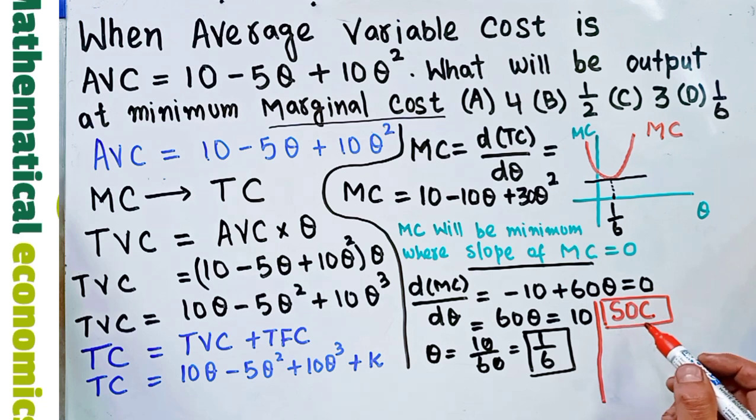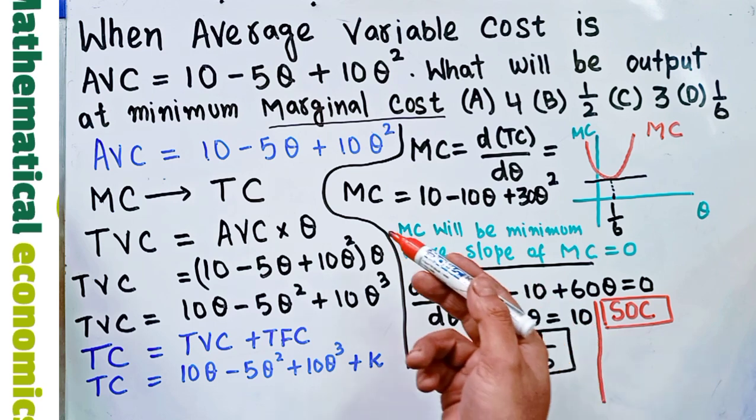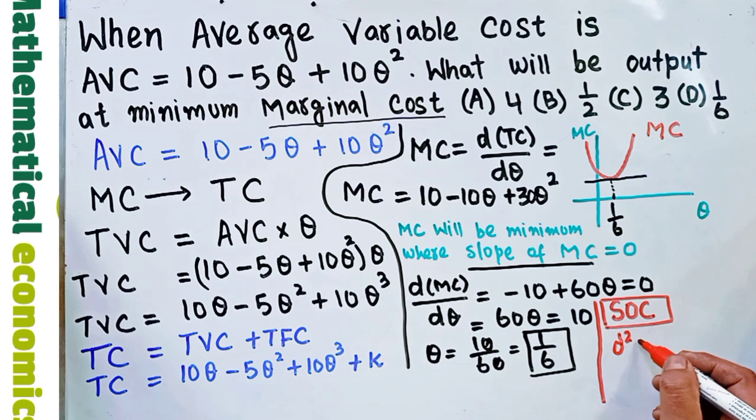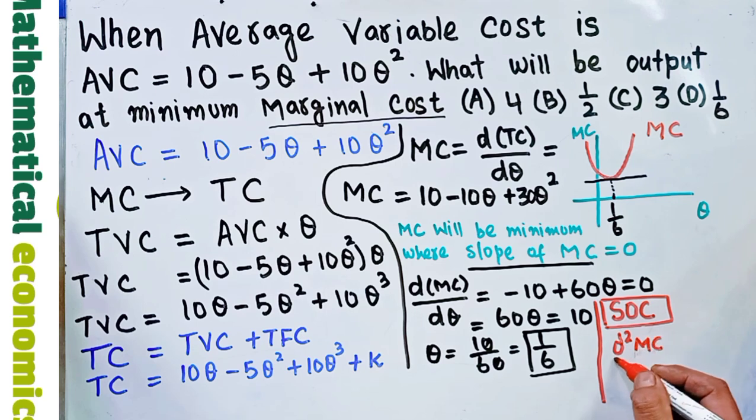That means for the second order condition, we take the second derivative of the marginal cost function, that is d square MC over dQ square, and if that comes out to be positive, then the second order condition for minimum is satisfied.